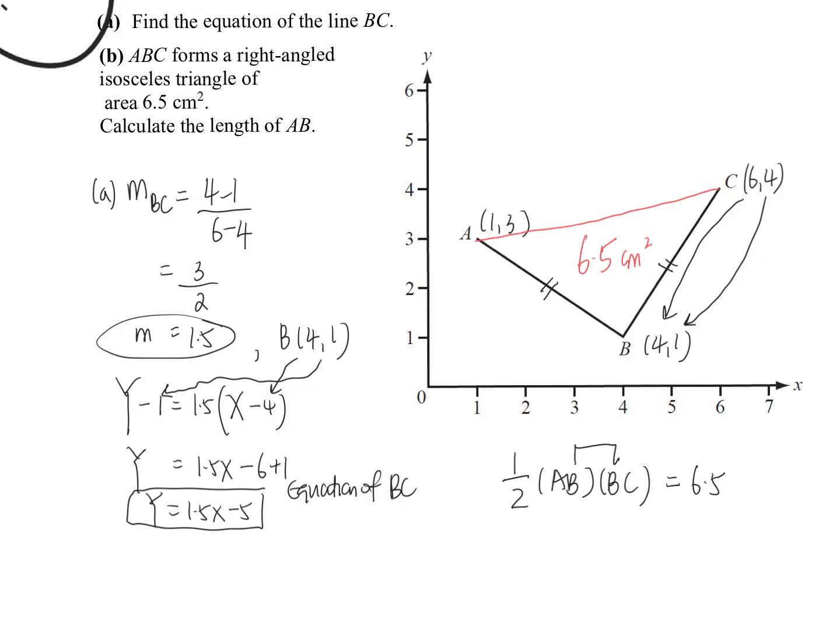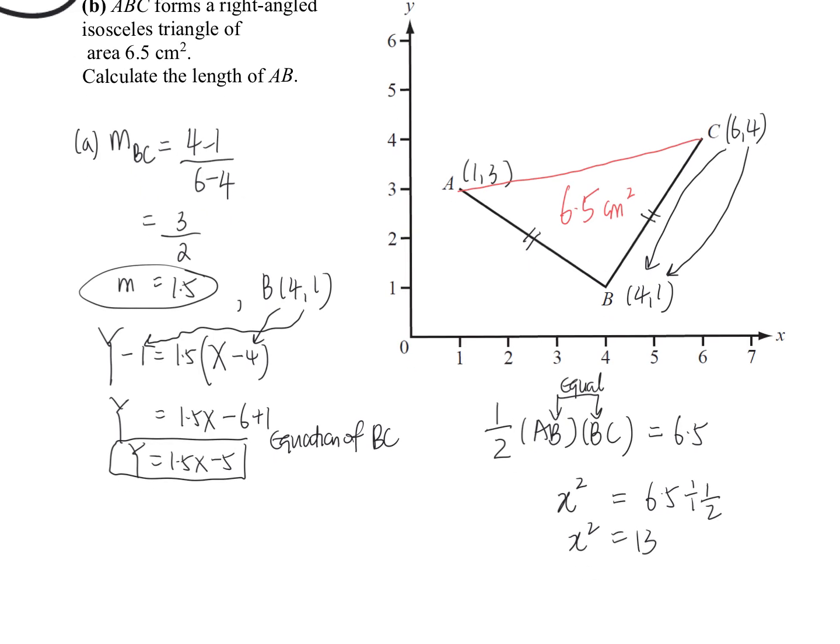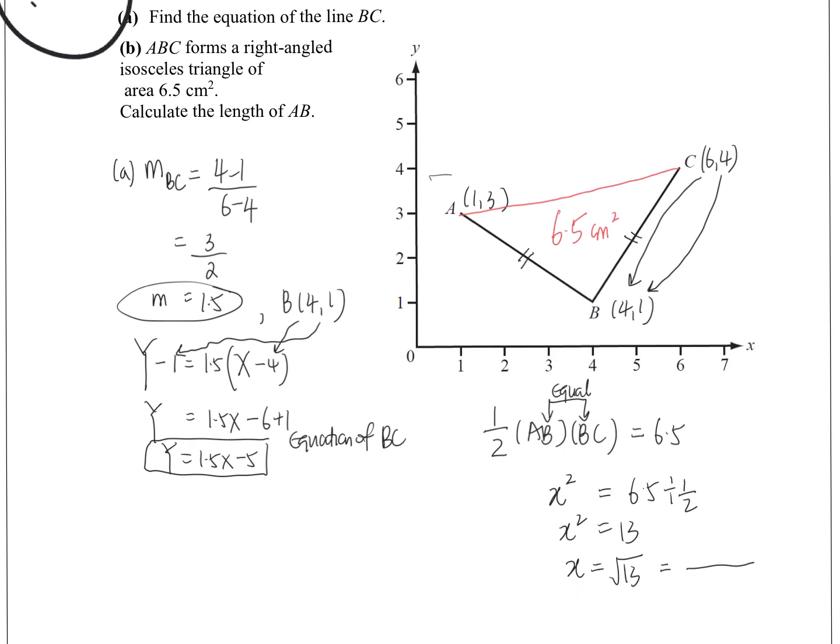But because these two are equal, let's say this is x, so it's half x square. Yes, so it's the same. So you take the square root of 13 and that's the answer. But I'm just wondering why they need to ask you like that when you already have these two coordinates, you can find directly.